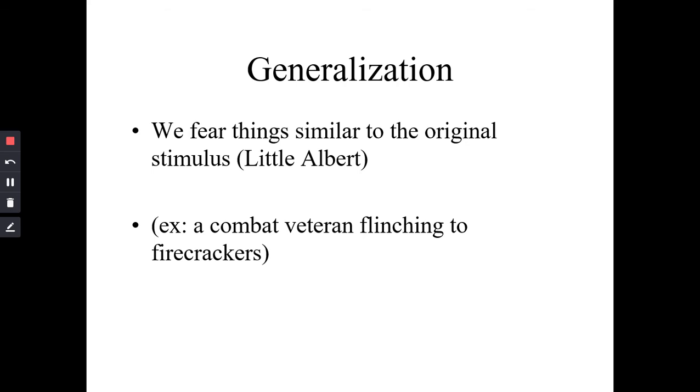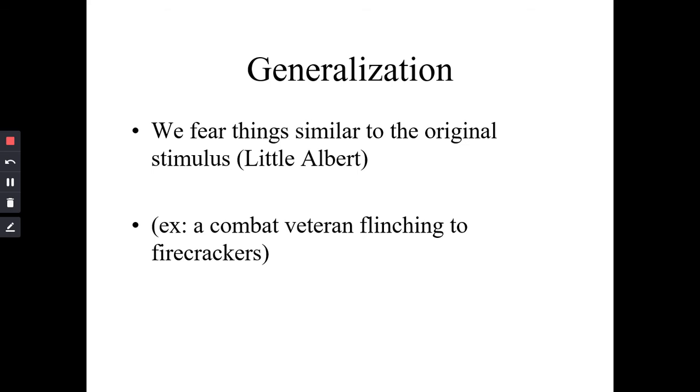Think of an example of like a combat veteran flinching to firecrackers because they sound like guns. Think about your girlfriend smells a certain way, and then you learn to like similar smells.